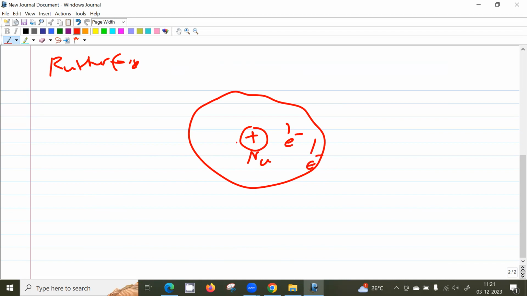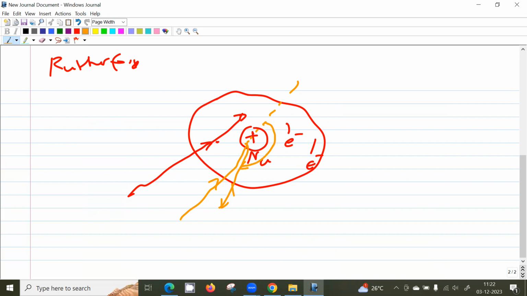With this model, if you take an alpha particle and hit it, most of them will pass through where there is no positive charge, so they go straight. Only a few alpha particles which hit the nucleus will get turned back. Here the scattering angle is almost 180 degrees.